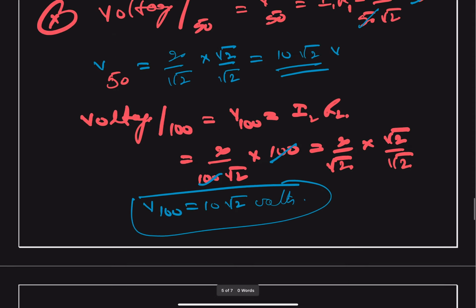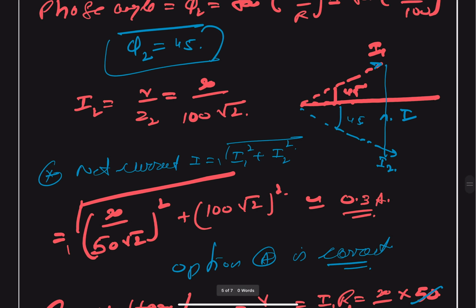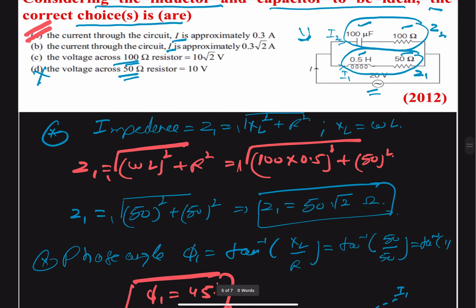So voltage across 100 ohm resistance is 10 square root of 2. Yeah, so option number C is also correct.